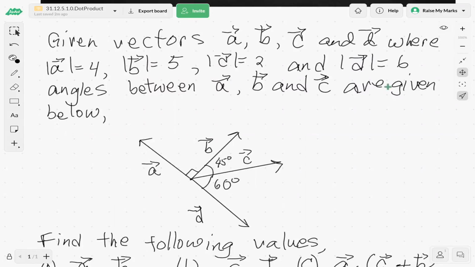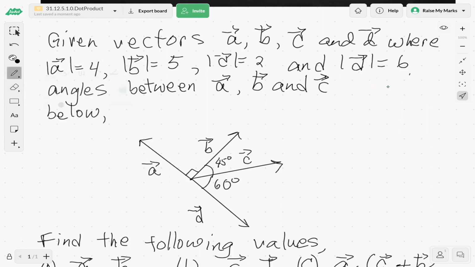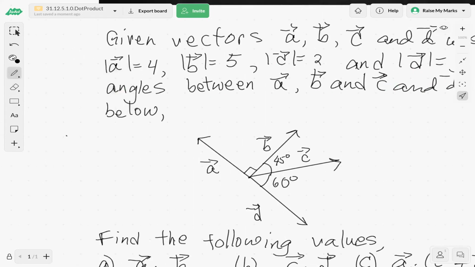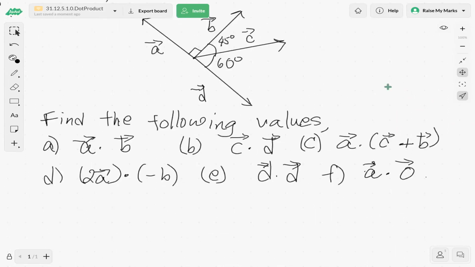And the angles between A and B, and between C and D, are given below. Okay, so we have this nice little diagram, and then we're asked to find the following values.